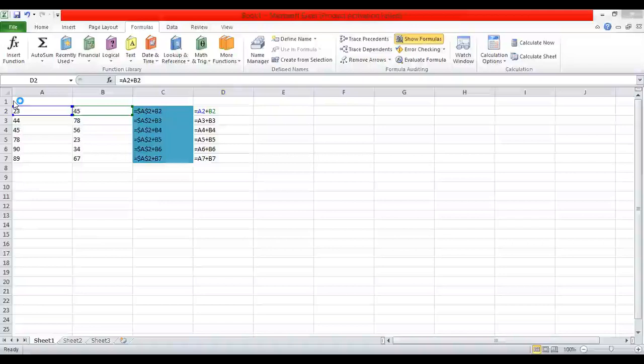Are you able to see this part? This part is using the absolute referencing. And then this particular side is using relative referencing.